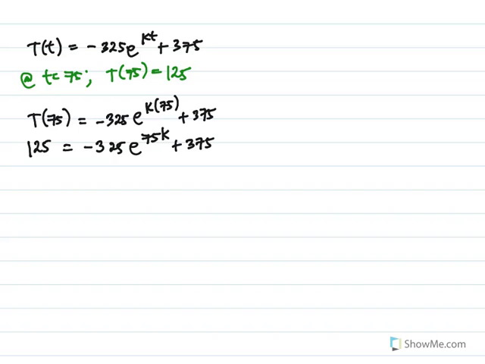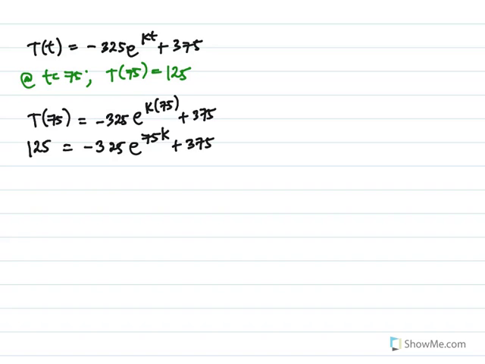So, we can solve now for this k kasi yun na lang nawawala sa equation na to. We subtract both sides 375, or simply parang transpose, no? 375 to the left-hand side. That will give you negative 250.